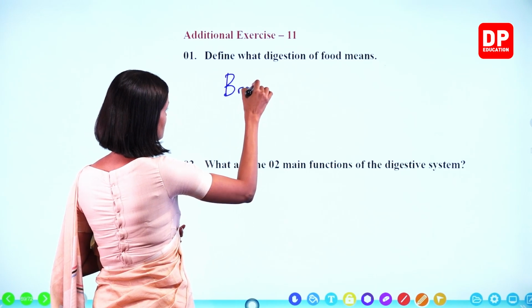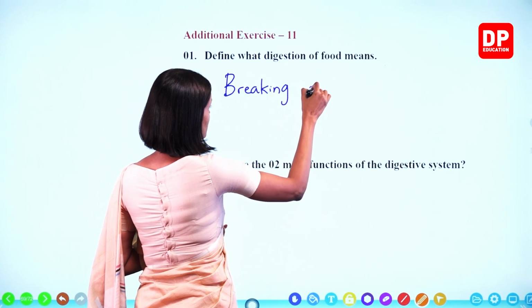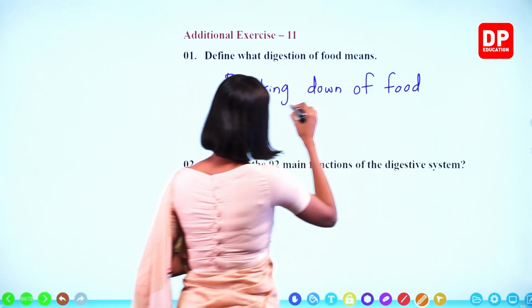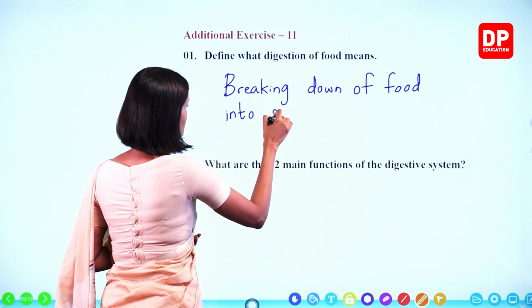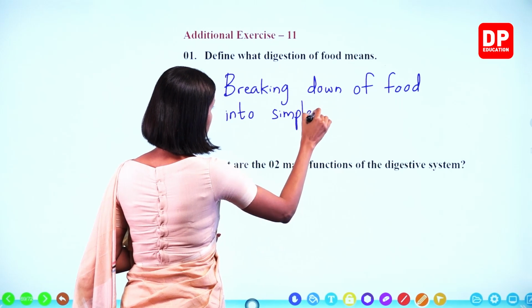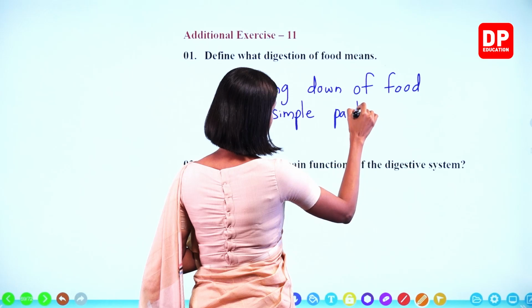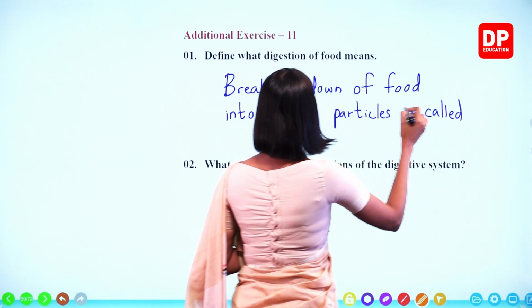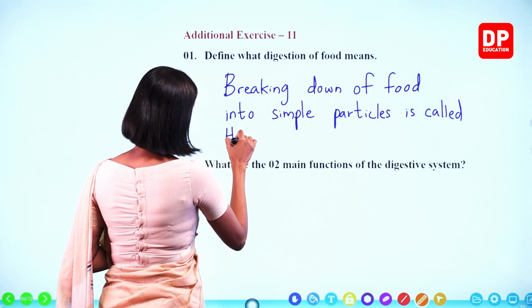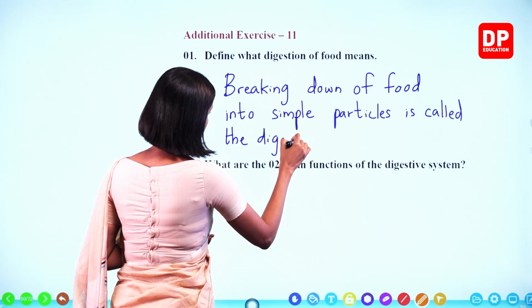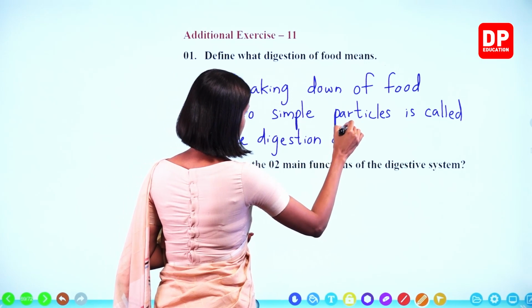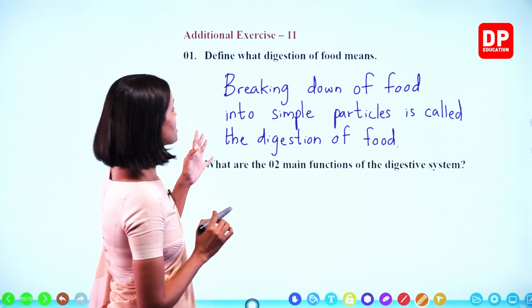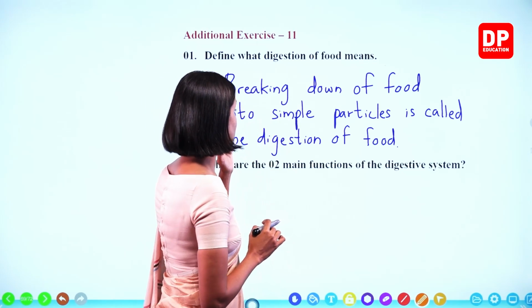Breaking down of food into simple particles is called the digestion of food.